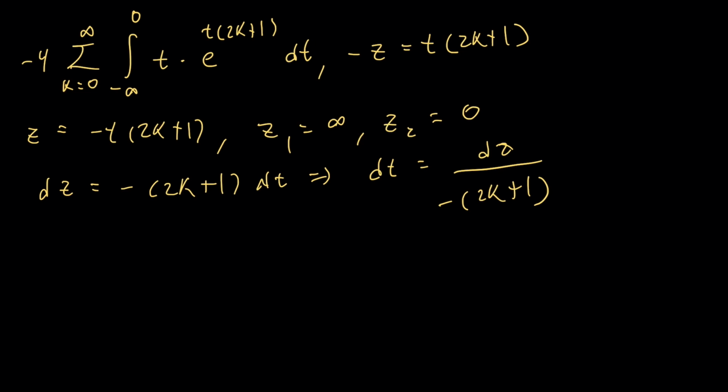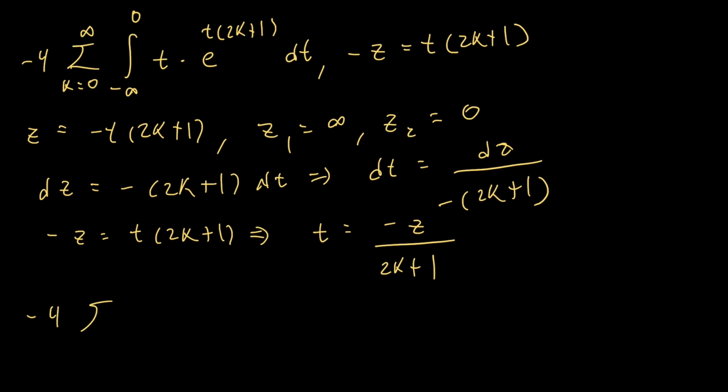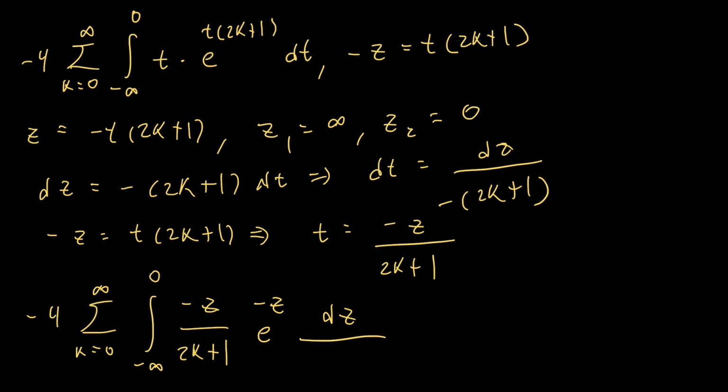So now using this setup, well, first of all, let's solve for t here. So we're going to have a negative z equals t times 2k plus 1. So this means that t equals negative z divided by 2k plus 1. So we have negative 4, the sum from 0 to infinity, and the integral from negative infinity to 0 of negative z divided by 2k plus 1, e to the negative z, dt is dz divided by negative 2k plus 1.